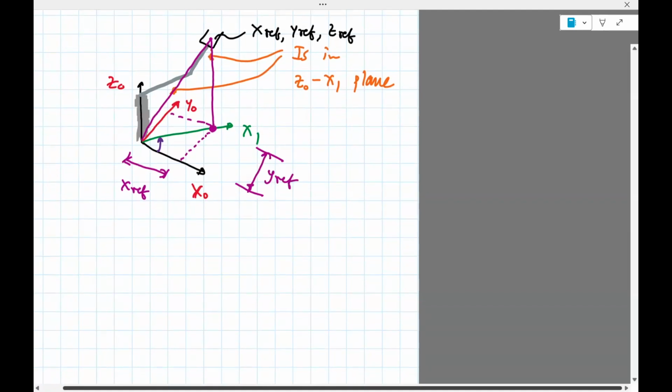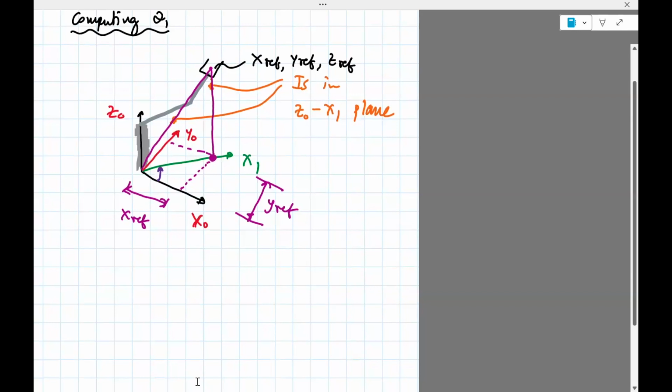Do you agree? Because after all, that's the position of the end effector, assuming I've got it to the point where it should be. And this distance, if you would like to fully finish it off, is z ref. That's the definition of the position from the origin.